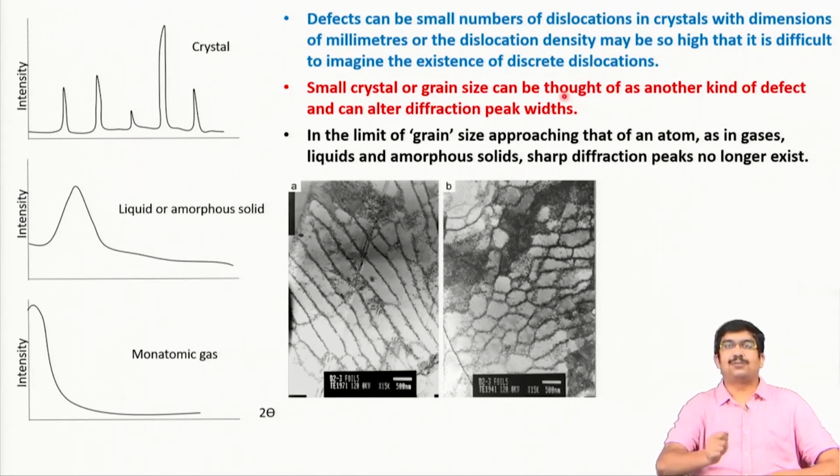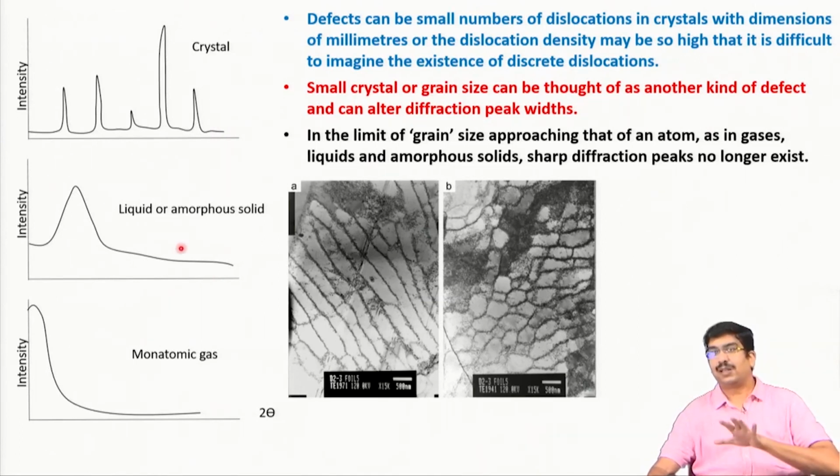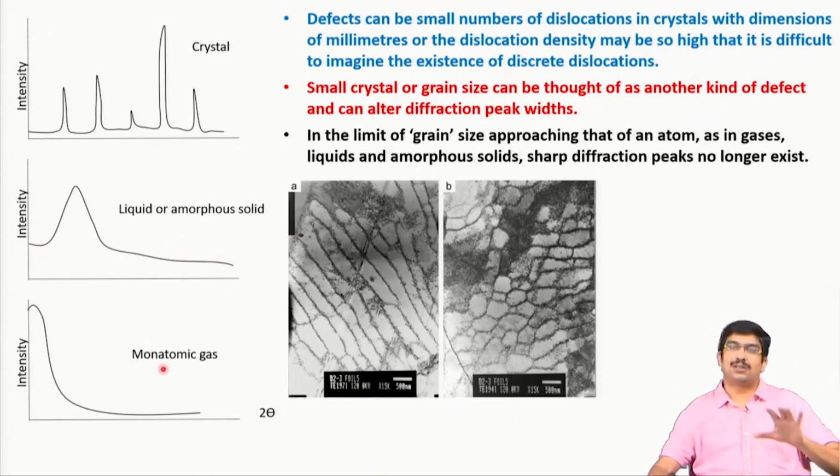The best way to understand this is to compare the X-ray diffraction profile from a crystalline material with that of a liquid or amorphous material, which is another extreme, or a monoatomic gas, where there is no order at all. From a completely ordered condition to a disordered condition, that shows us the effect of the finite size, or the effect of order present in the material.